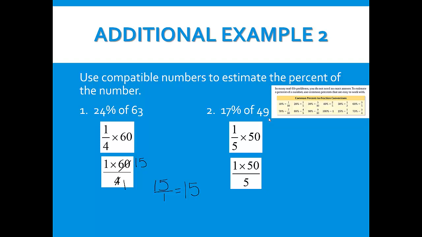Now we can simplify. We can divide 5 and 50 both by 5, and 5 divided by 5 is 1, and 50 divided by 5 is 10. Now when we multiply 1 times 10, that would be 10, and then that would be over 1, and 10 over 1 is equal to 10. So 17% of 49 is about 10.